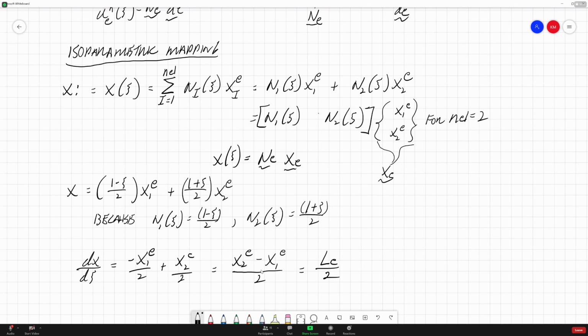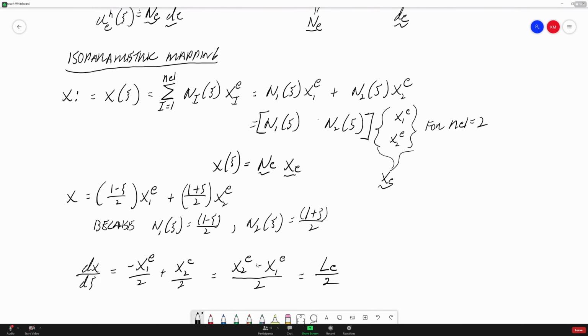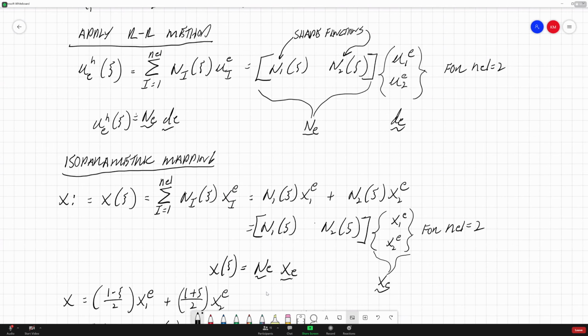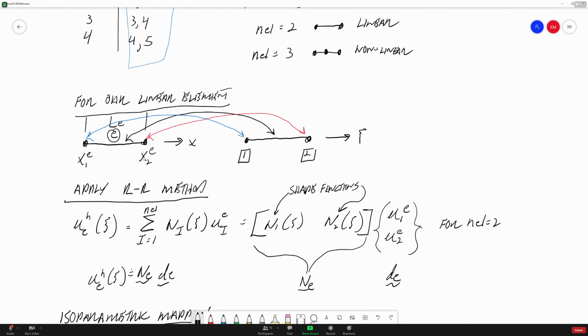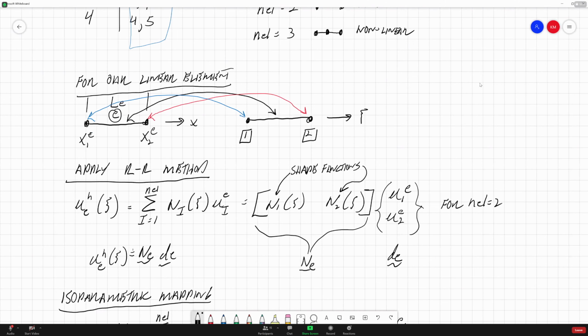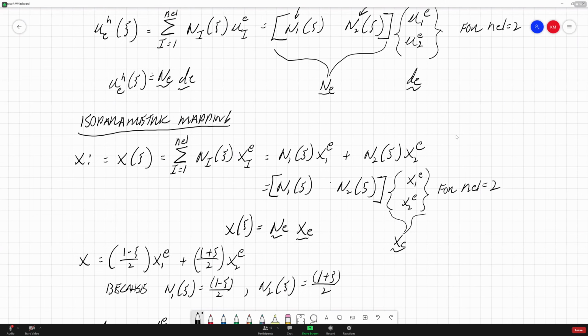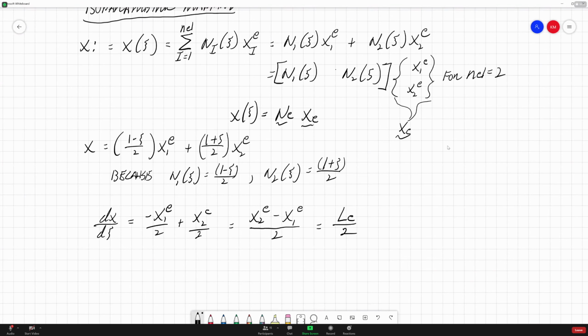Let's see if that's true. So (x2^e minus x1^e) over 2 is L^e. Remember we said L^e was right here, our element. So we're saying x2 minus x1 over 2 is that. And this is actually equal.